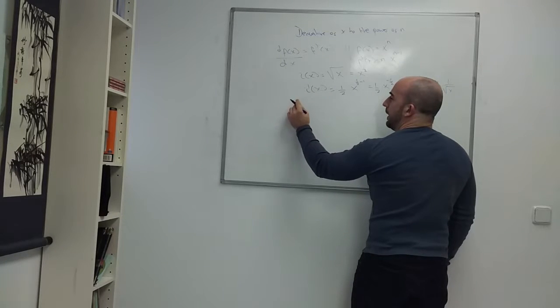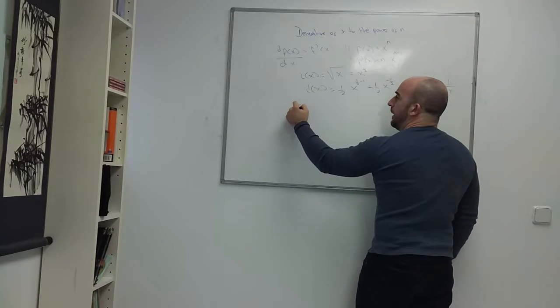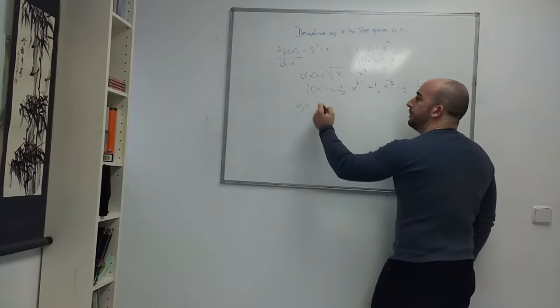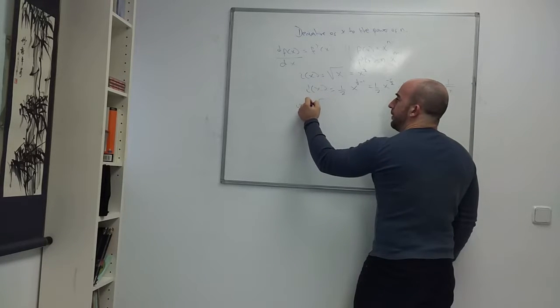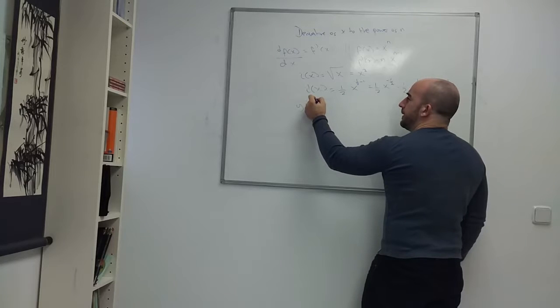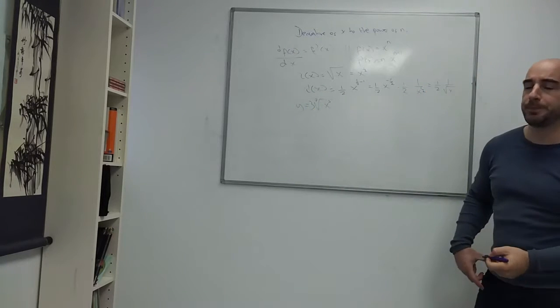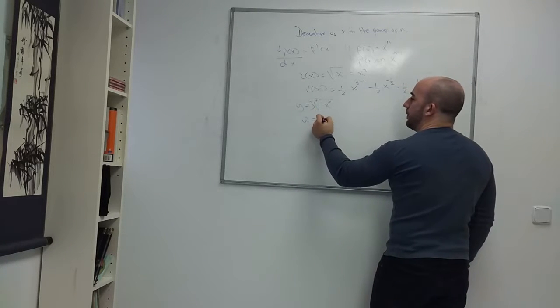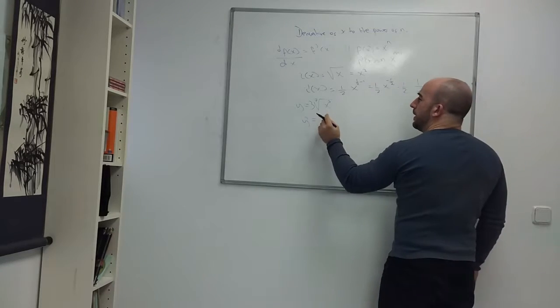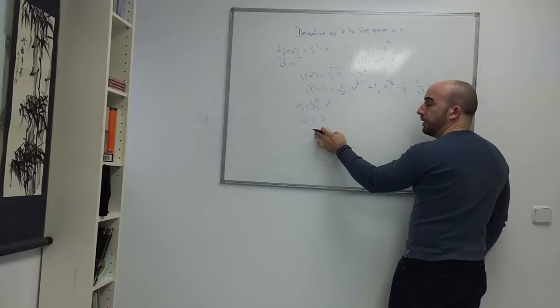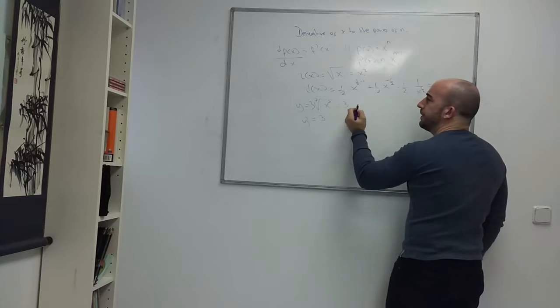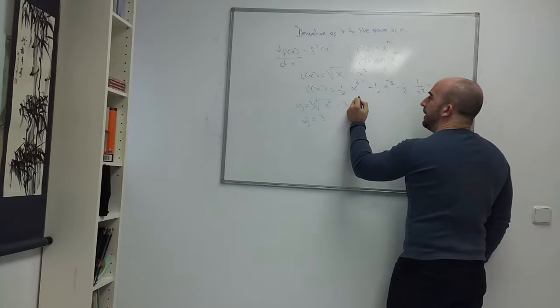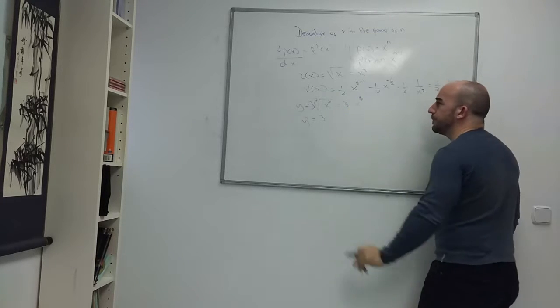You can have y equals 3 times, okay, we can do that. So y prime would be, the 3 stays the same. Before we do the differentiation, we will write the original function in powers instead of roots.